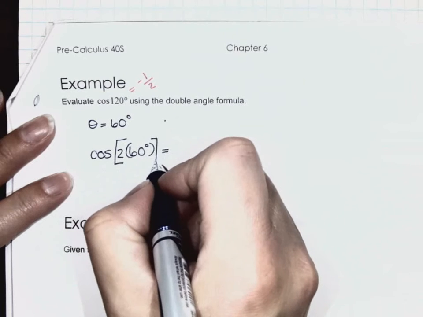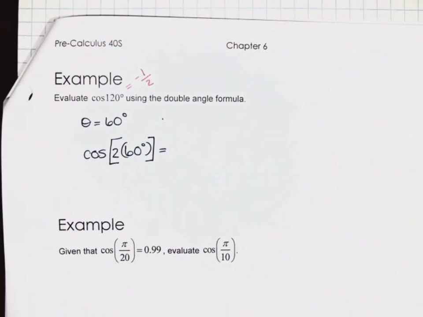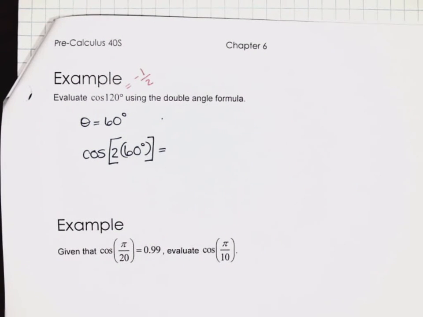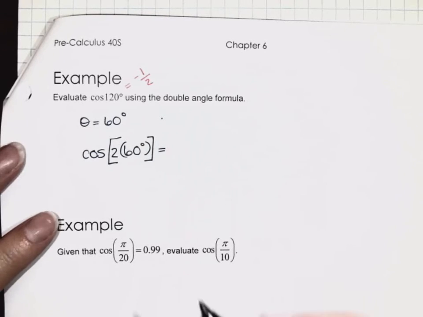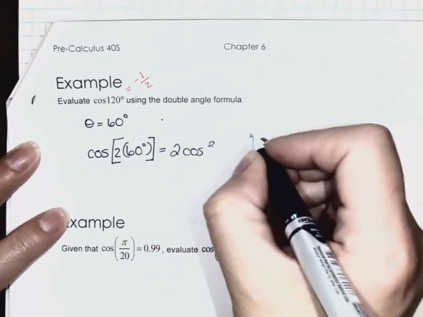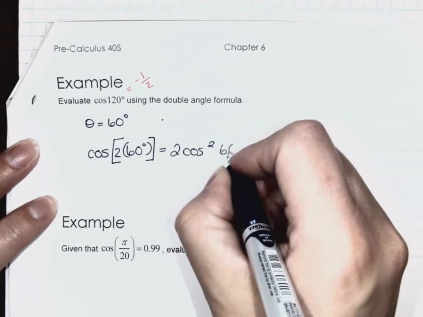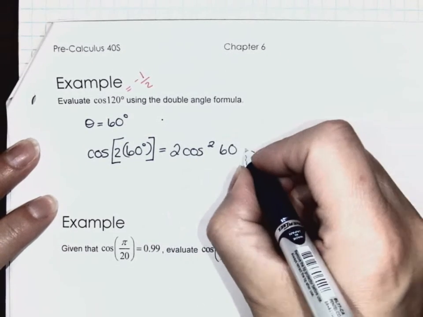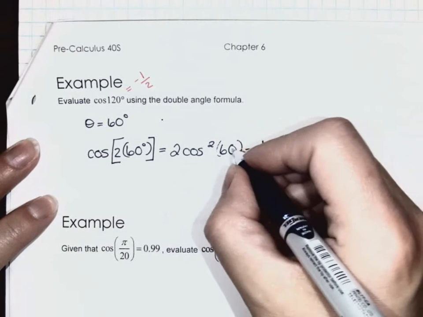So this whole thing right here, ladies and gentlemen, is my angle. What's 2 times 60? 120. And that's the angle that we want. And so we're going to put it in 2 cos squared 60 minus 1.